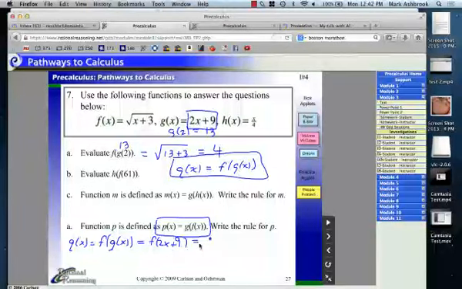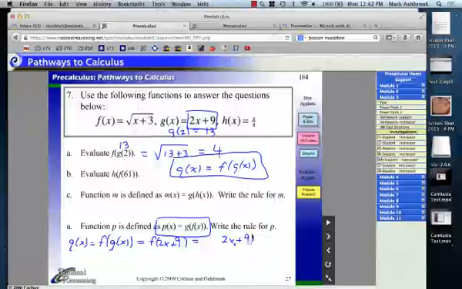So what does f tell us to do to the input? No, f tells us, so these are the instructions for function f. The first thing that f tells us to do with the input is what? Add 3 to it, right? So here's the input, and the first thing it tells us to do is add 3.